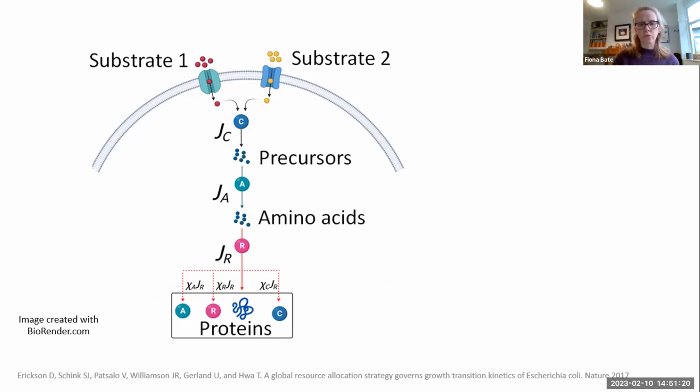So we adopt the flux controlled regulation model formalism of Erickson et al, which is in a paper here, which was in Nature in 2017.